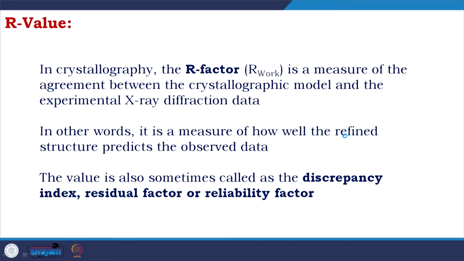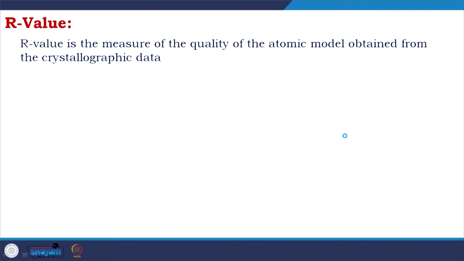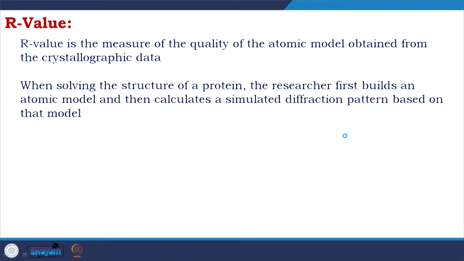The R value, which I call R factor or R work, is also called discrepancy index, residual factor or reliability factor, but generally it is called R value. R value is a measure of the quality of the atomic model obtained from the crystallographic data. When solving the structure of a protein, the researcher first builds an atomic model and then calculates a simulated diffraction pattern based on the model.